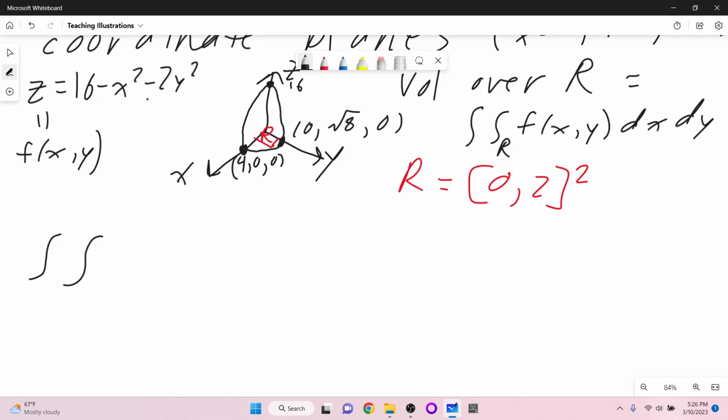So what we do in this example, and other examples like it, is we rewrite the ceiling to be z equals such and such, and then we integrate from 0 to that ceiling. So this could be rewritten as the double integral across R of z dx dy.